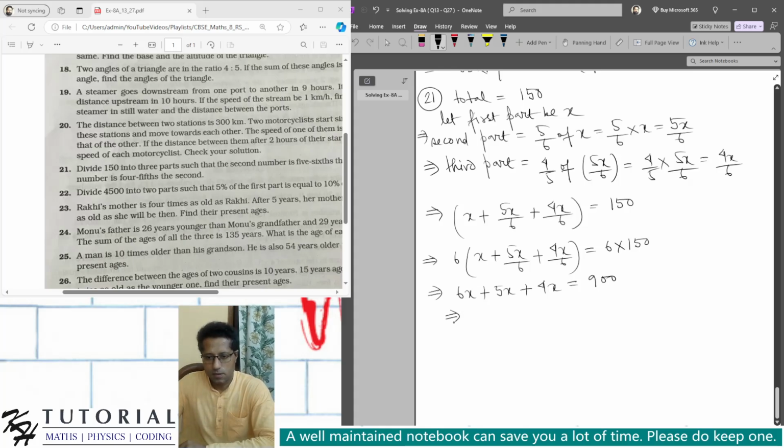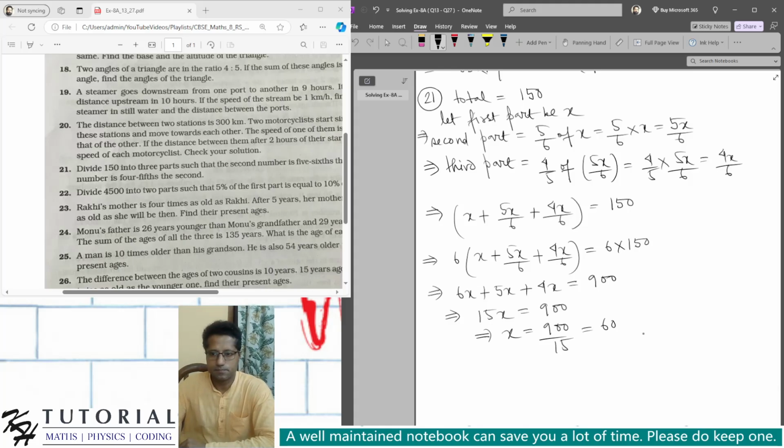This implies the LHS becomes 15x is equal to 900. This implies x is equal to 900 divided by 15, which is equal to 60. Hence x is 60.